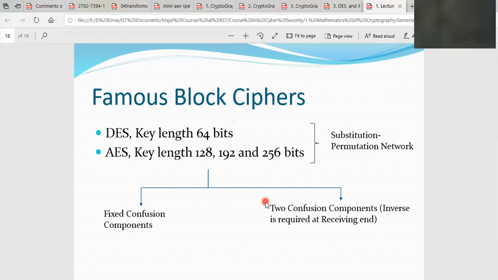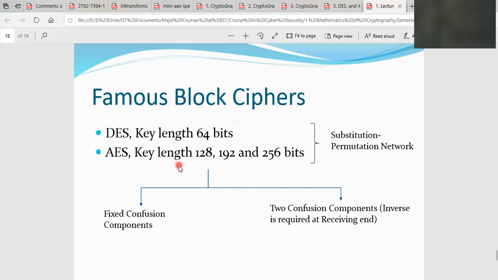Whereas in AES, the sending and receiving ends use the same substitution box, and that is one of the threats to DES analysis.